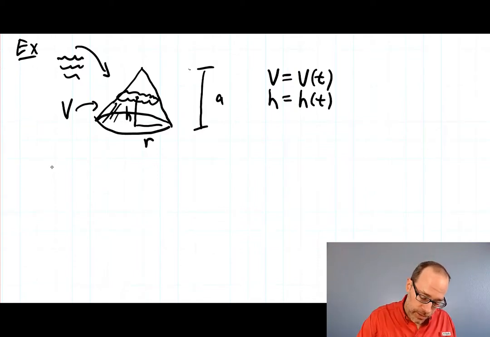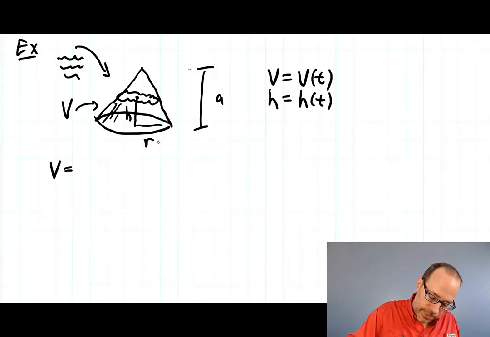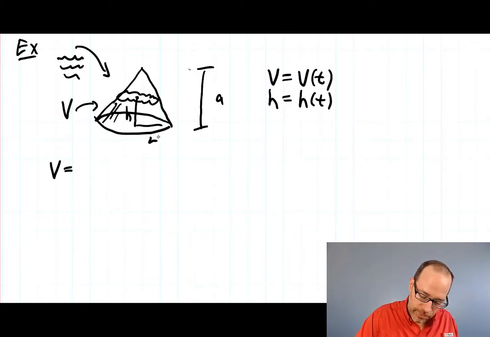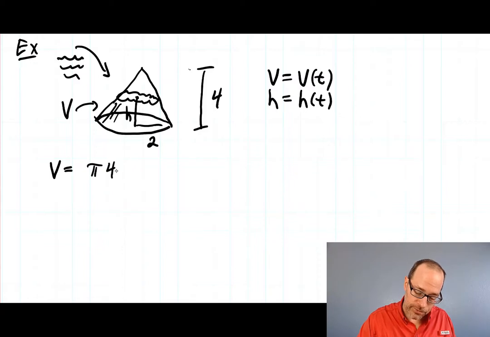And the relation is, let's do a specific example here where we have radius 2 and height 4. So the formula that we had was pi times A, which is 4, times R squared, so that's 2 squared, all over 3.